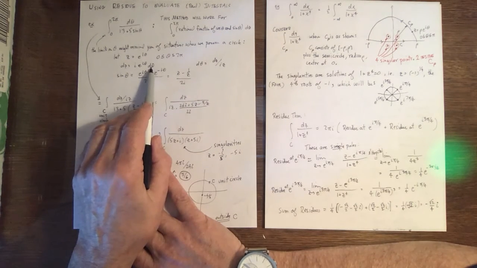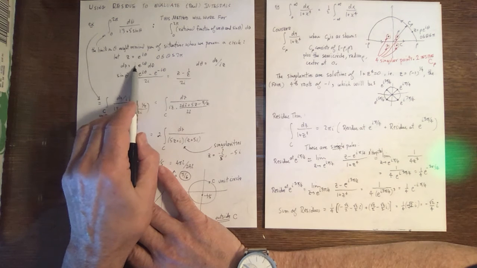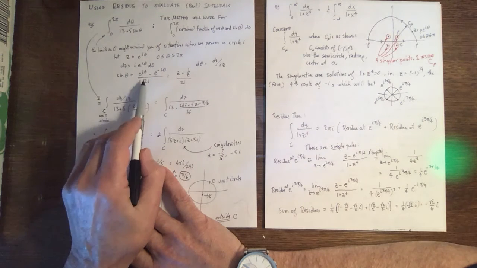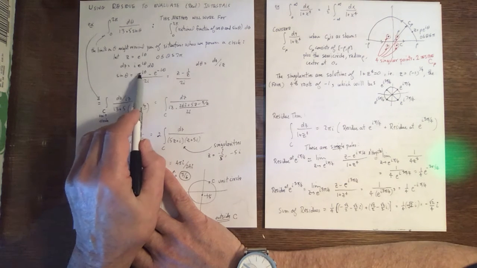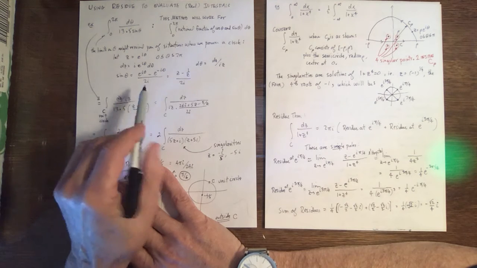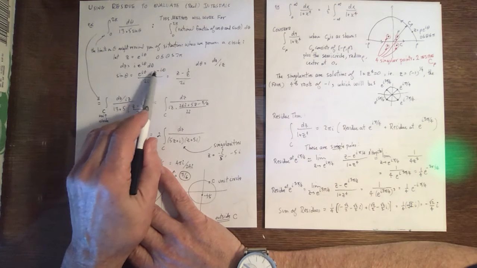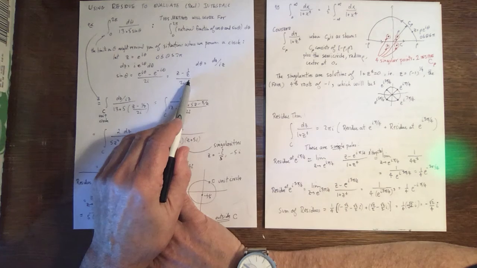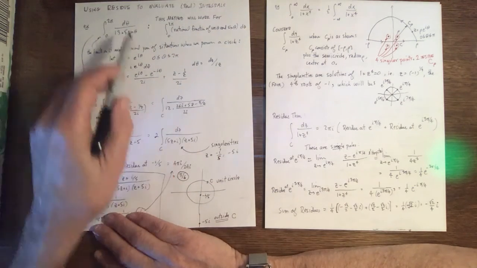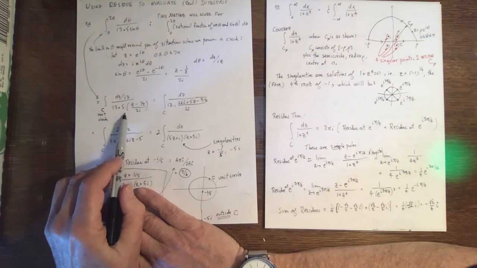So d theta is dz over iz. And sine theta is e to the i theta minus e to the minus i theta over 2i. So this is z, this is 1 over z. Substitute all of this into here, and it turns into this.